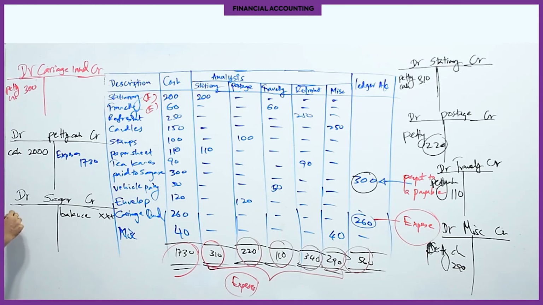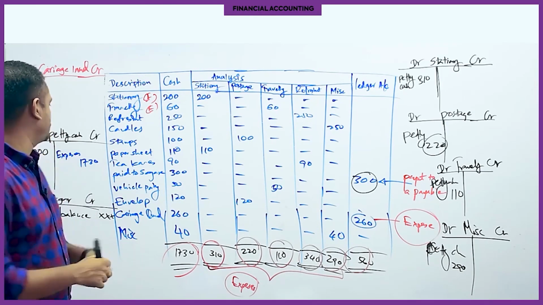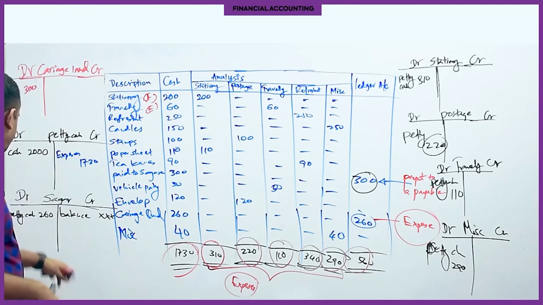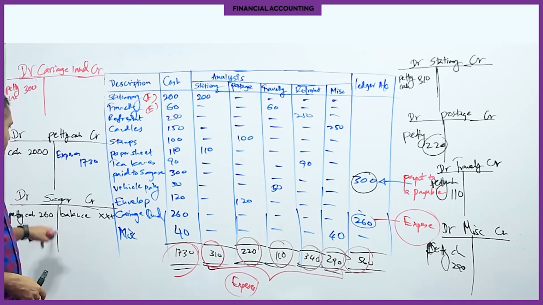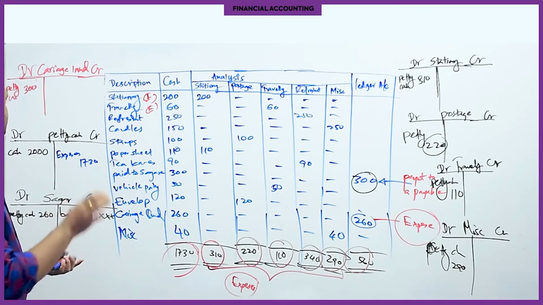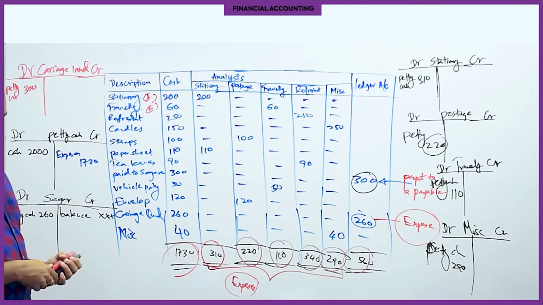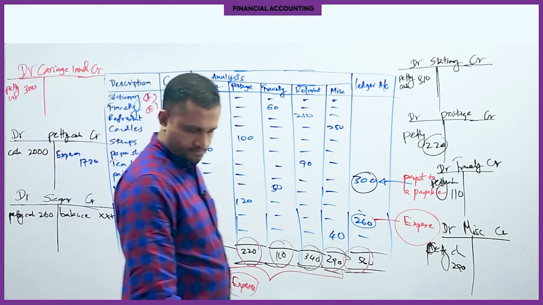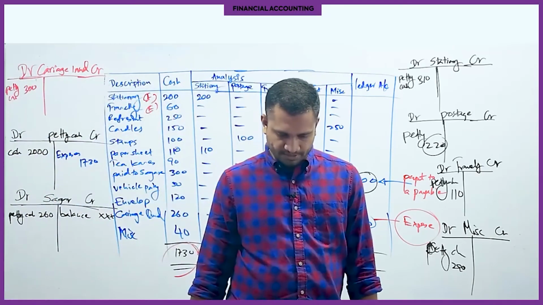So, from petty cash we are paying 260. So, whatever the outstanding balance or liability we have towards Sagara will come down by 260. So, that is what it means. So, these are the accounts that will appear in the ledger, right. So, this will be the answer for your particular question.